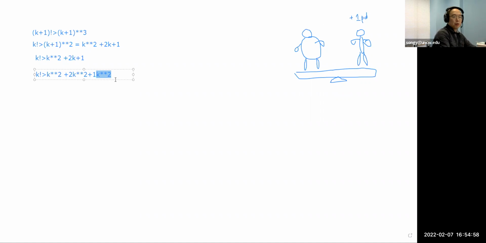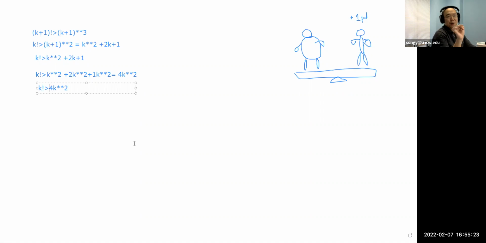Okay, if you add those three terms together, that is 4k^2. So this is equivalent to proving k! is greater than 4k^2. What's the cool thing on this part?